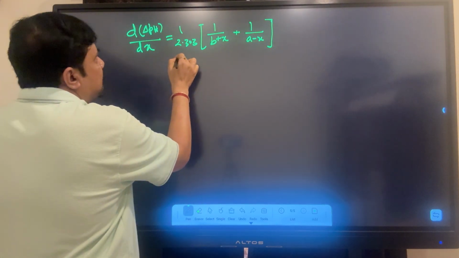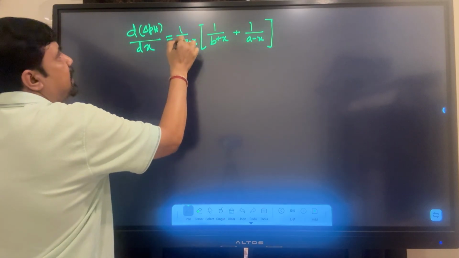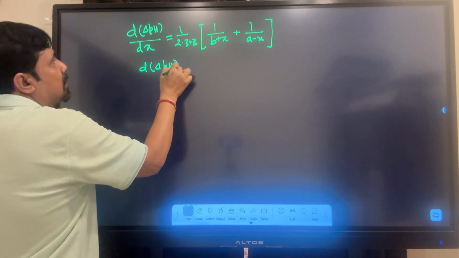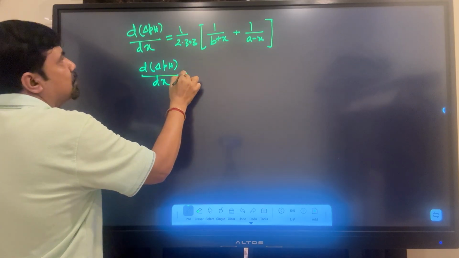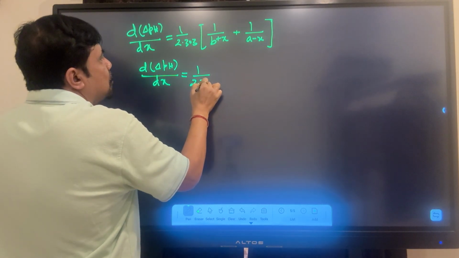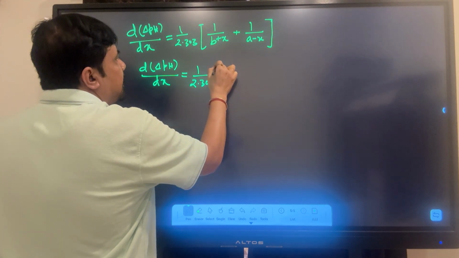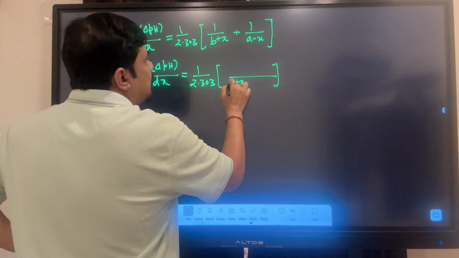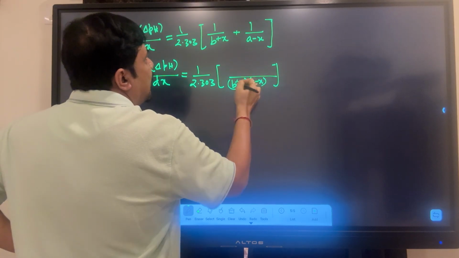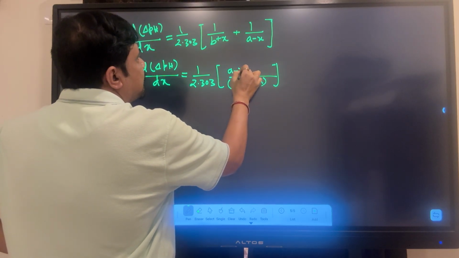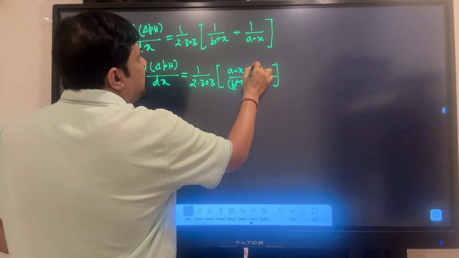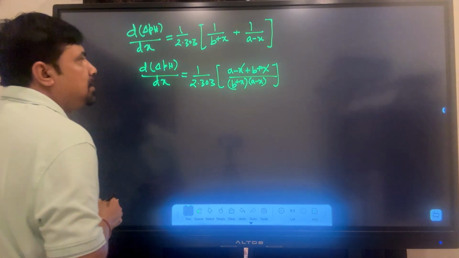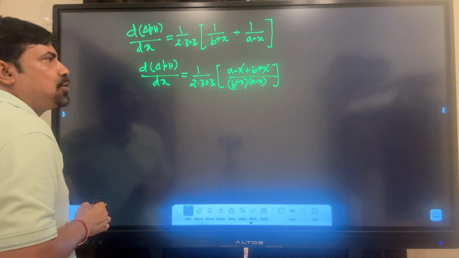Now if I do these calculations, then here we will get d of delta pH by dx, which will be equals to 1 by 2.303, and this will be (b plus x) into (a minus x), and this will be your (a minus x) plus (b plus x). Then x cancelled, you are getting (a plus b) by (b plus x) into (a minus x).